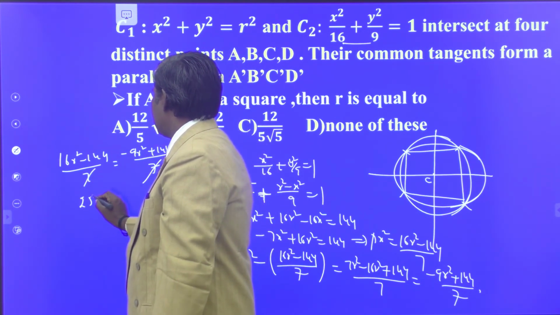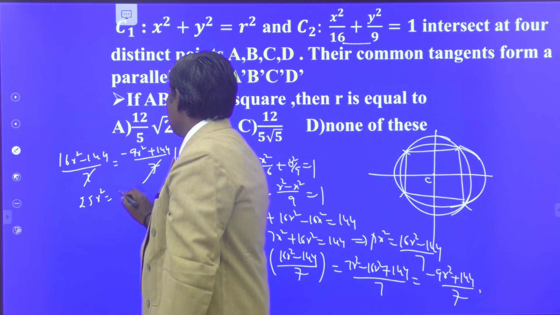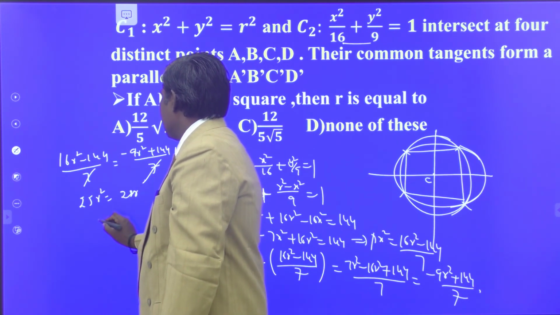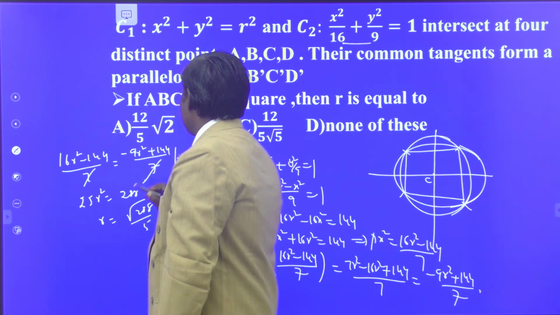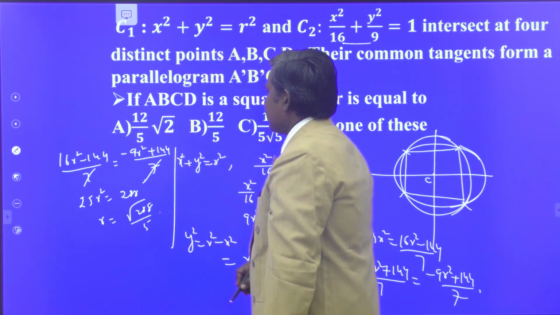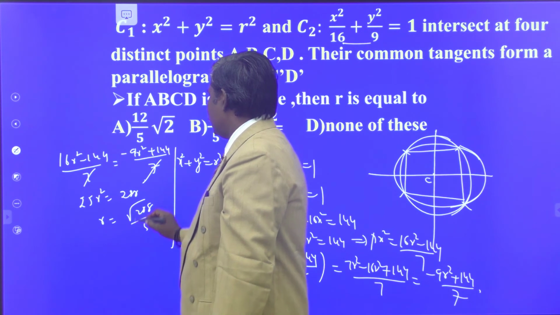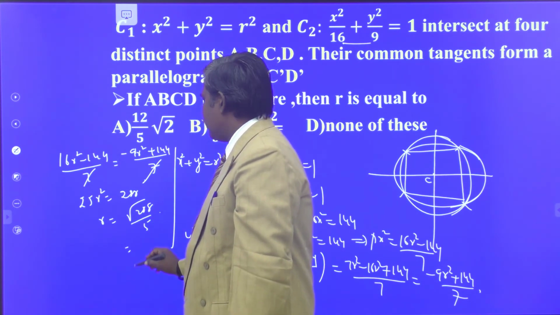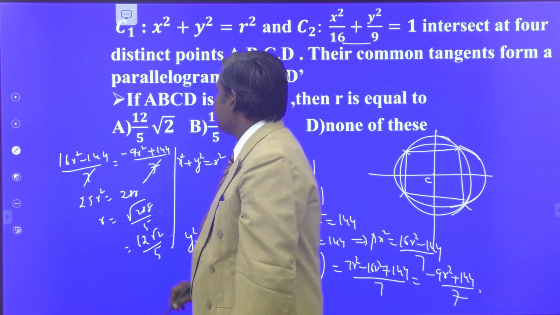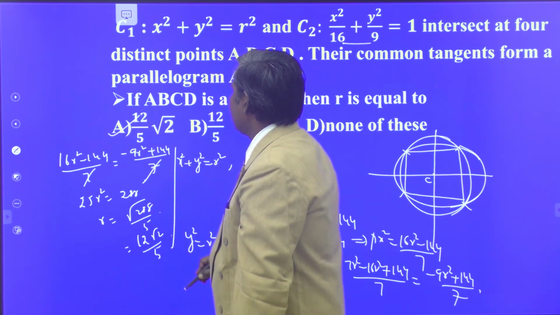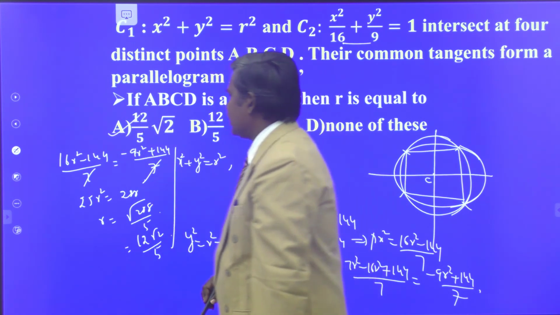So 25r square is equals to 288. r is equals to root 288 by 5. So it is nothing but 144 into 2. 144 comes outside as 12. 12 root 2 by 5. So 12 root 2 by 5 is the answer.